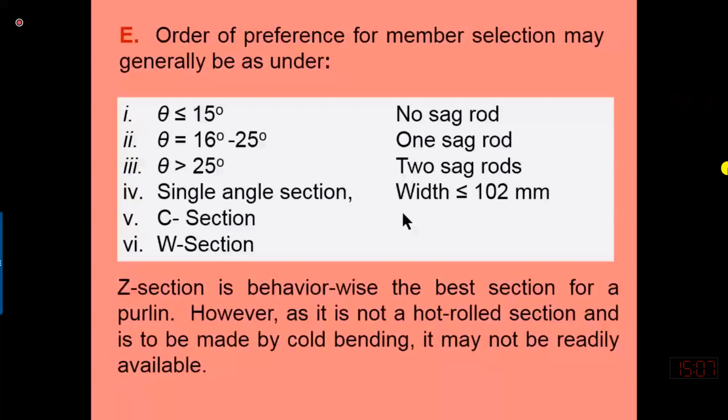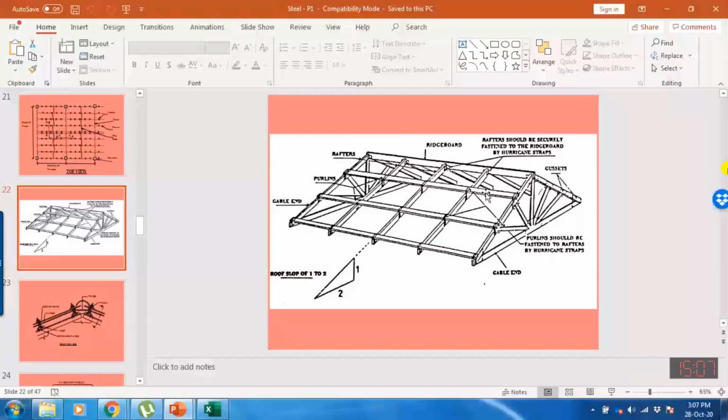The sag rods connect the top chord and the top purlin with the bottom purlin. Each sag rod is connected with the help of a J bolt, and the sag rod constrains the movement of the beam, or this purlin, in the lateral side. Actually, they are controlling the deflection in the lateral side also.